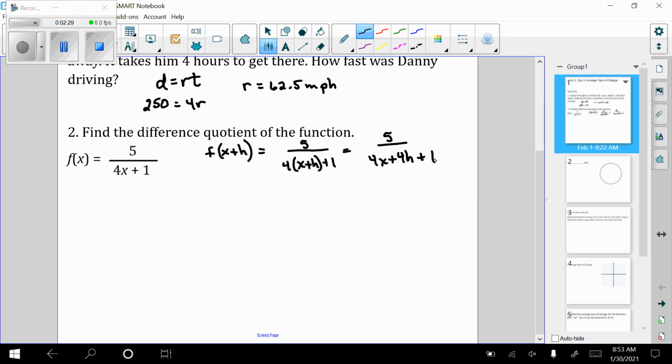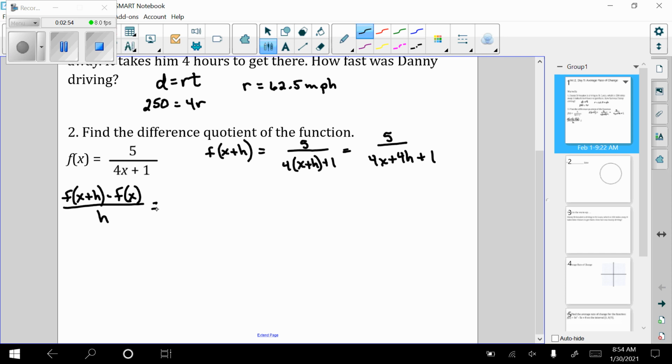Now my difference quotient is f of x plus h minus f of x, all over h. You're going to need to have that memorized and know how to use it. This helps us calculate our average rate of change, which you'll see later in this section.